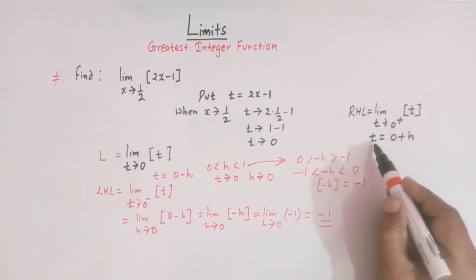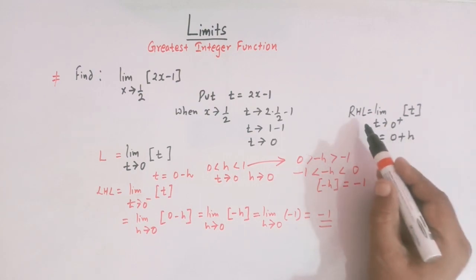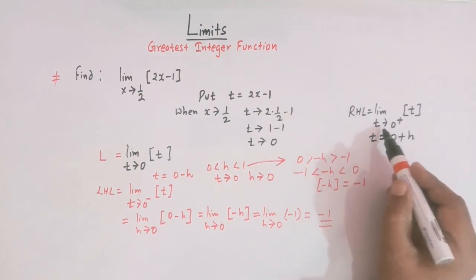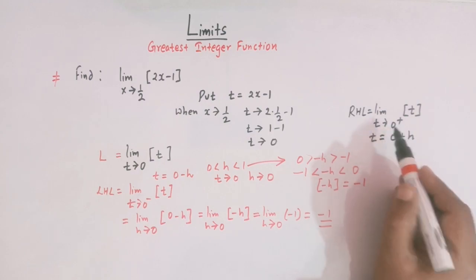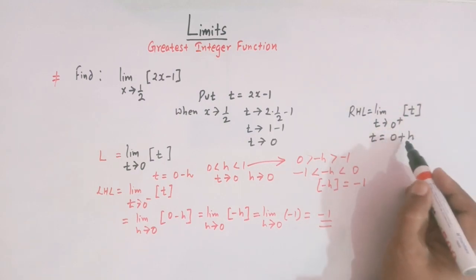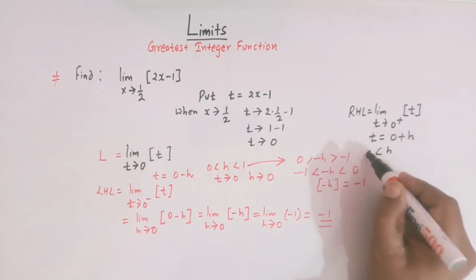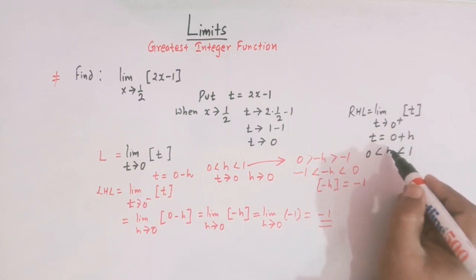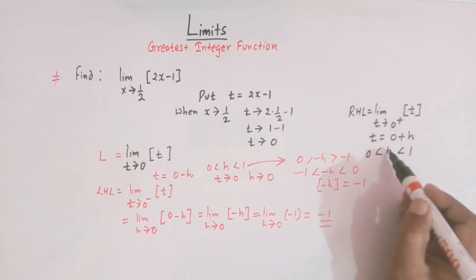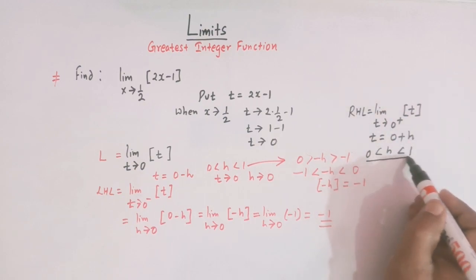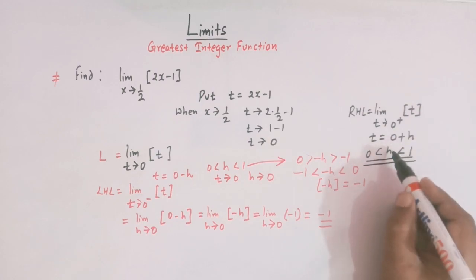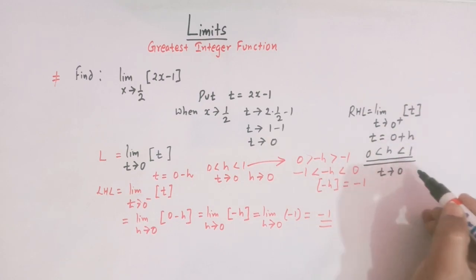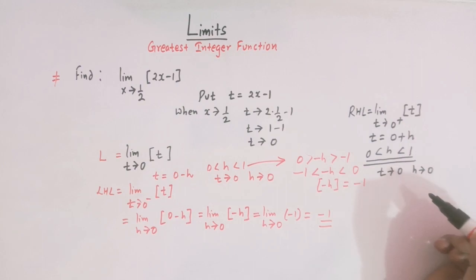This time we take 0 plus h because all the values of t approaching 0 from the right of 0 are greater than 0, and h lies between 0 and 1 because h is a very small quantity. When t tends to 0, h tends to 0.